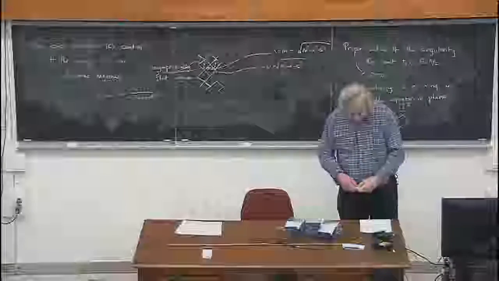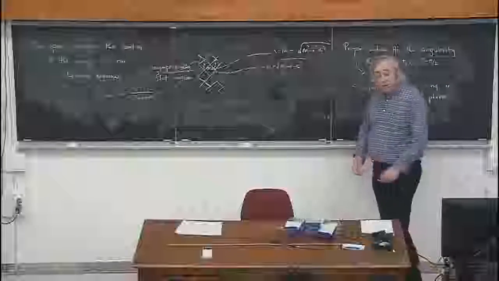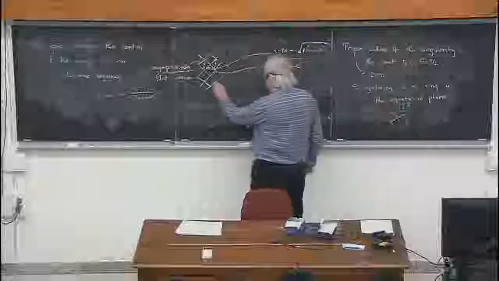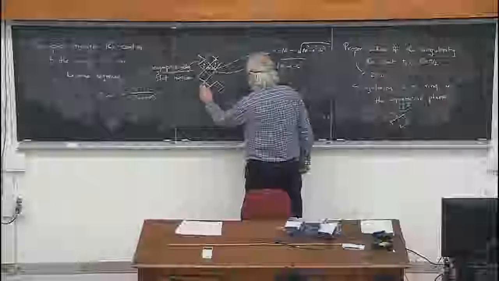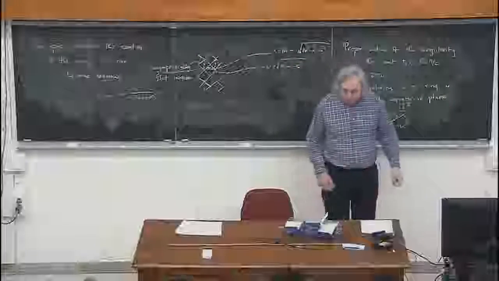So that's a significant difference from what happens in the Reissner-Nordstrom metric. And then, of course, this pattern just repeats everywhere, down that direction forever and up that direction forever.